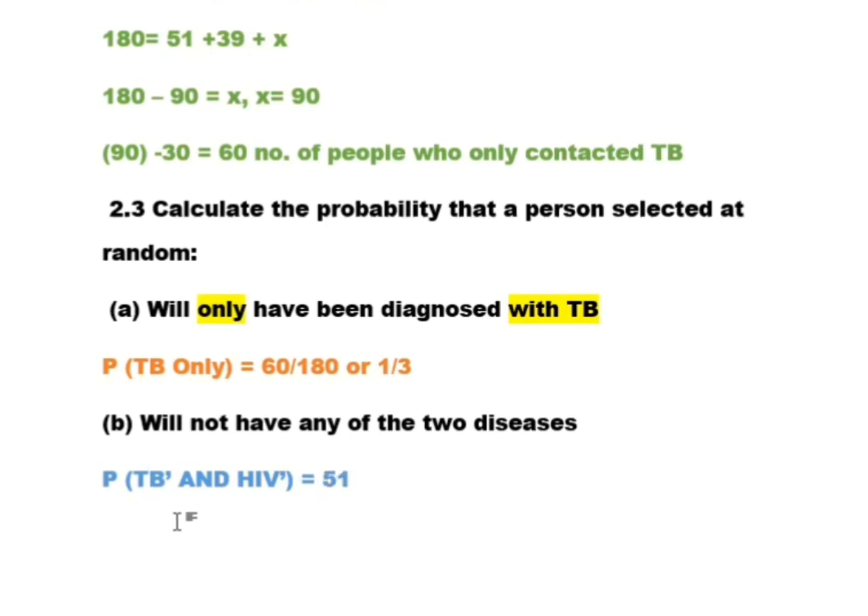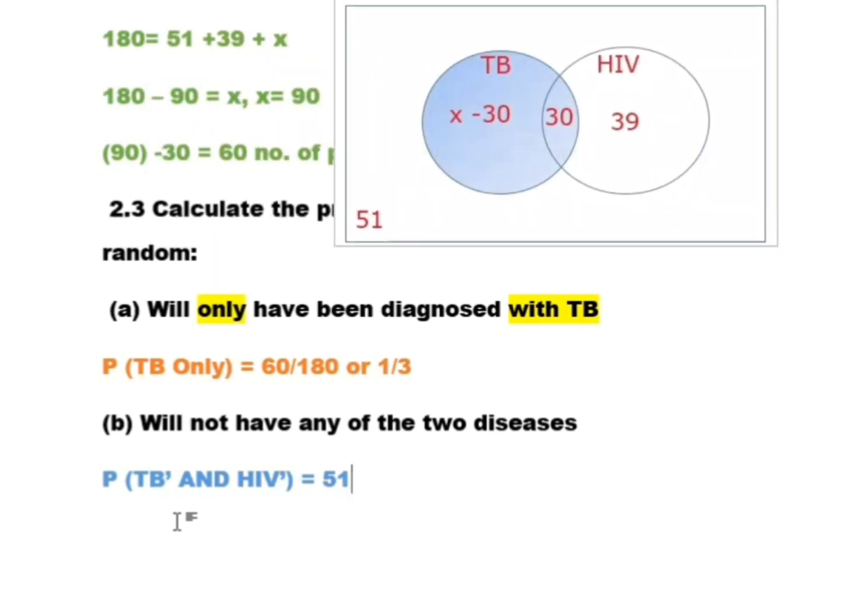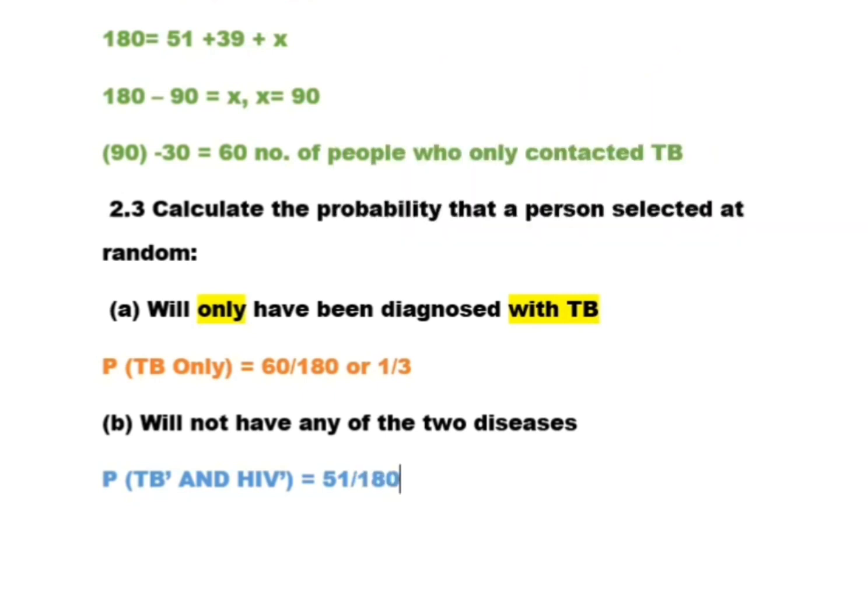You have to refer back to the Venn diagram. I'll put the picture of a Venn diagram here. And then there you have it. Unfortunately, this one, I don't think you can simplify because they don't have a common factor.